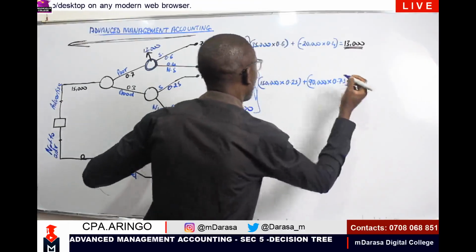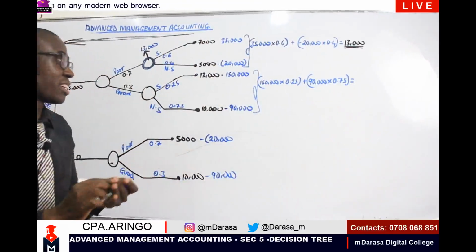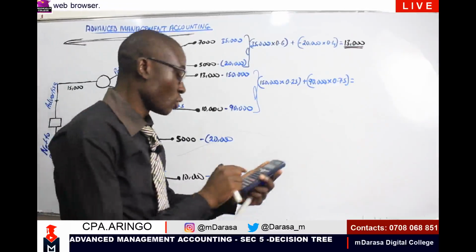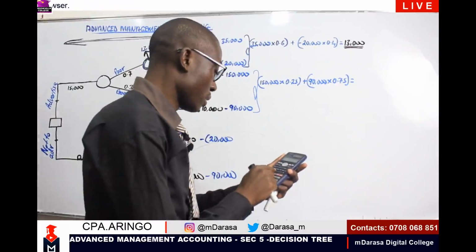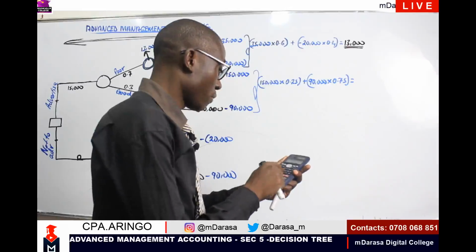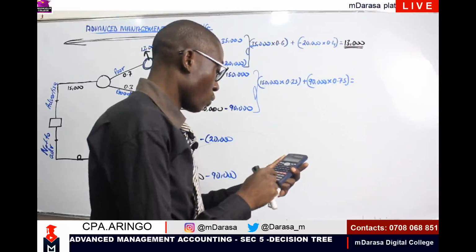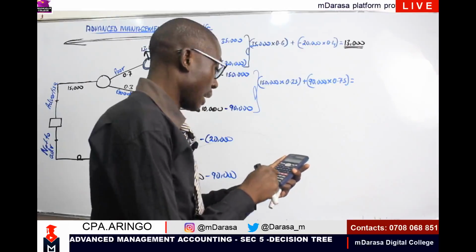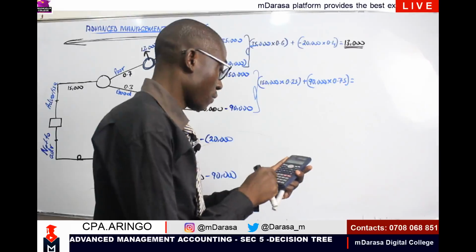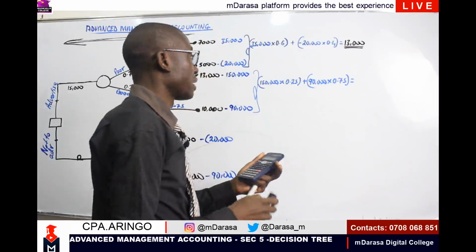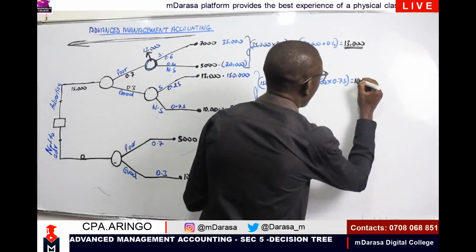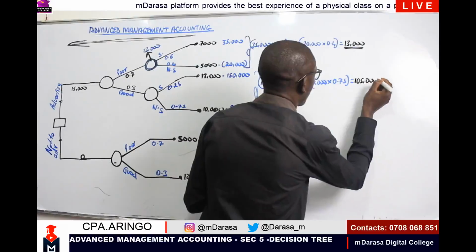So that should give us a figure of how much? That is what we need to determine. We take 150,000 by 0.25, add 90,000 by 0.75, which in that case gives a figure of 105,000, right?